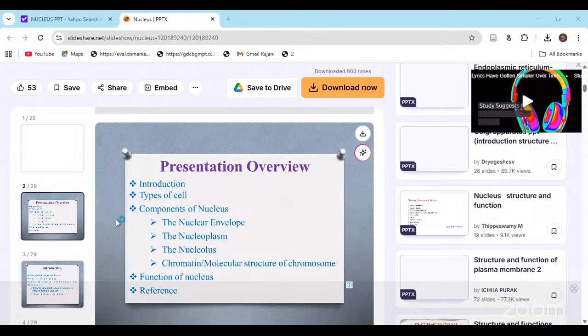It was the first cell organelle to be discovered. It is a membrane-bound organelle found in the eukaryotic cell. The main functions are to maintain the integrity of genes and to control the activities of the cell by regulating gene expression also.